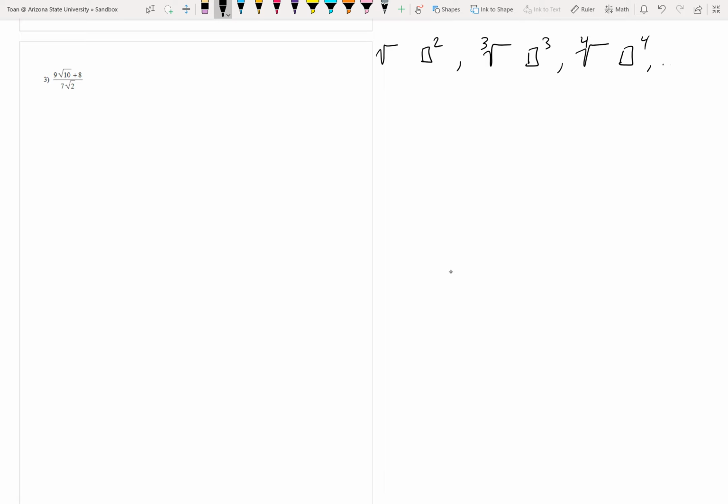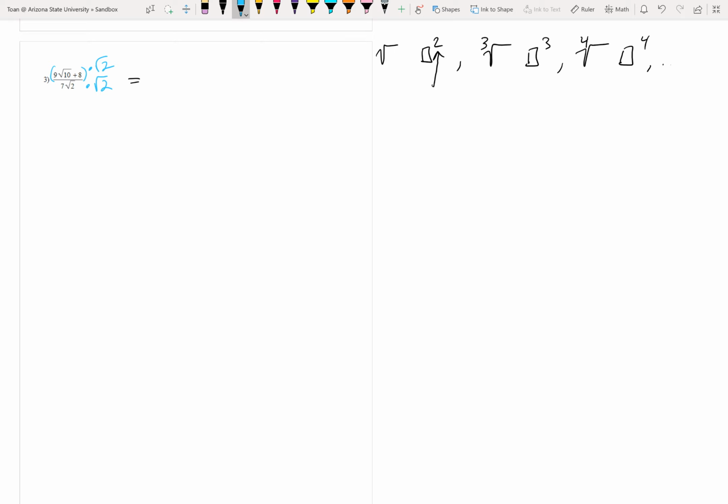So in this instance, to rationalize means to get rid of the square root of 2. To get rid of a square root, well, the opposite of a square root is an exponent of 2, a square. And squaring literally means multiply by itself. So, to rationalize this guy, I'm going to multiply by radical 2. But of course, what you do to the denominator, you have to do to the numerator as well.